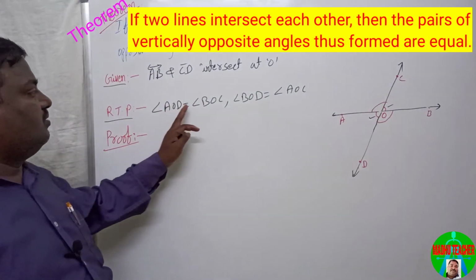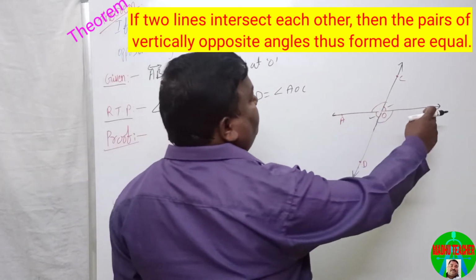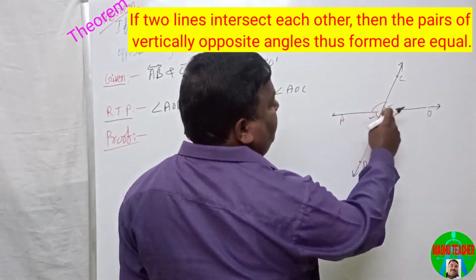Next, the proof. AB is a straight line and OC stands on AB.